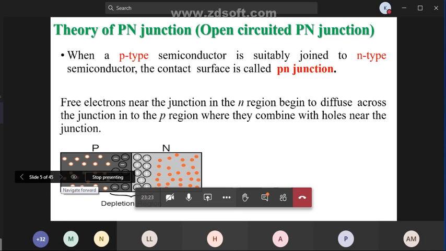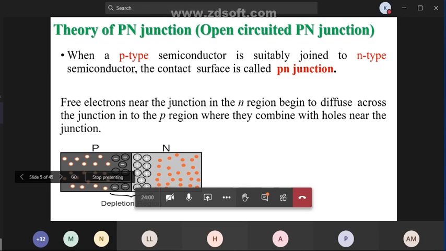So that is an open circuited p-n junction. We are talking about open circuit. So here we are not applying any external voltage, right? When these electrons combine with the holes and the holes combine with the electrons, immediately one barrier is formed across the junction. So across the junction one electric field is formed.